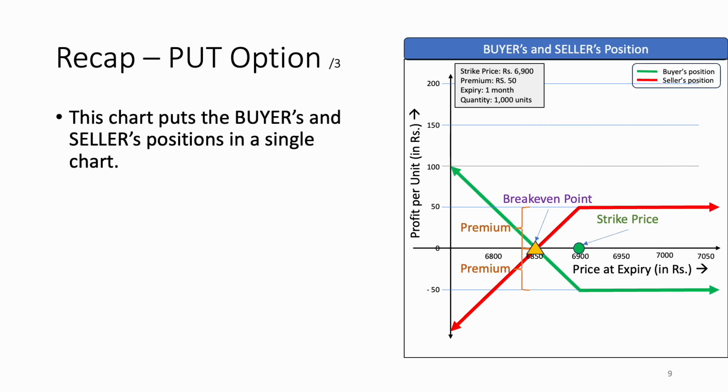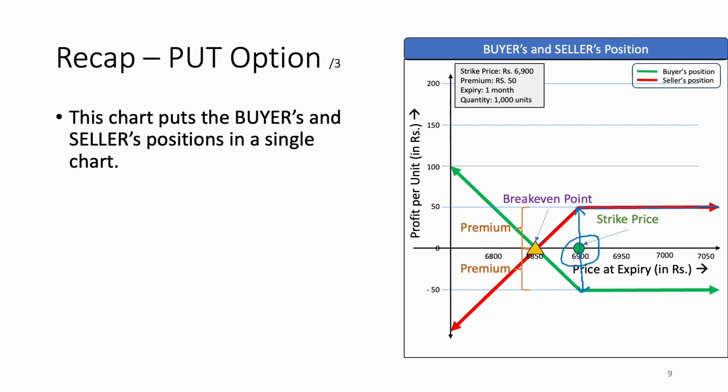Now if we put the buyer's and the seller's positions on the same chart, we see that this is the strike price, and this is the premium which the buyer has paid. If the price goes above the strike price, the premium will go to the seller, so he will make a profit, and this profit will be equal to the premium amount only.